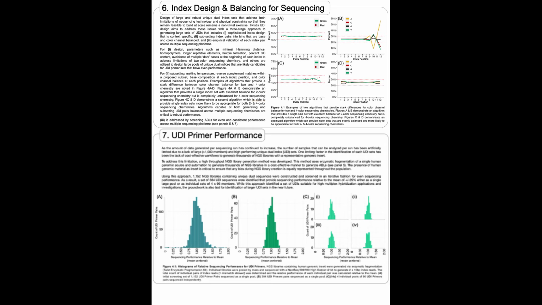For figures C and D, this demonstrates a second optimized algorithm, which is able to provide single index sets that are much more likely to be appropriate for both 2 and 4 color sequencing chemistries. Algorithms capable of both generating and subsetting UDI pairs balanced across multiple sequencing chemistries are really critical to robust performance.